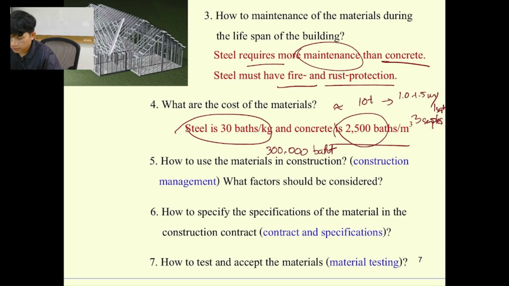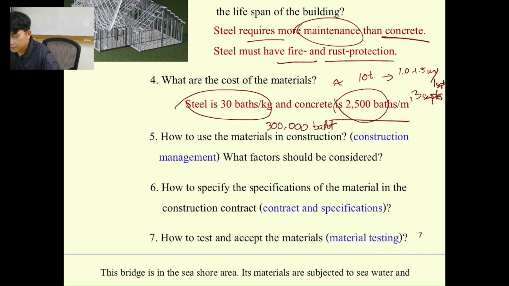you can provide them the concrete design. And number 5, the one you need to know, is construction management. You need to know the sequence of construction, what goes first. The hard thing about concrete is that you need to prepare a lot at the site.